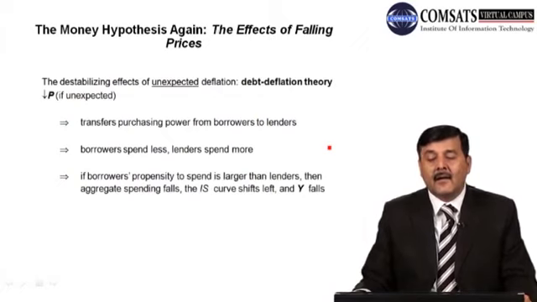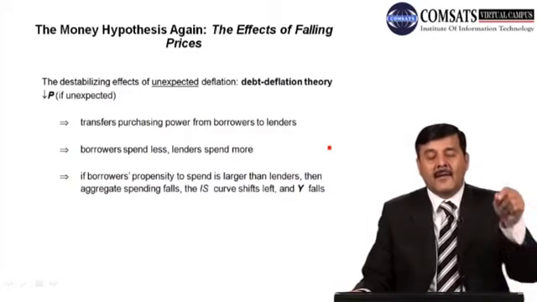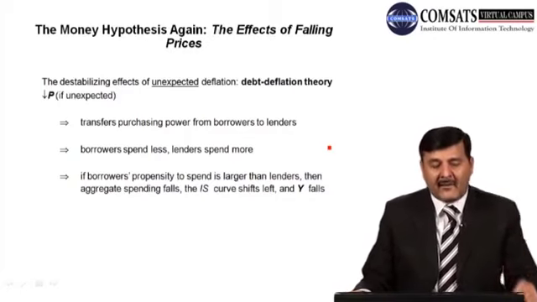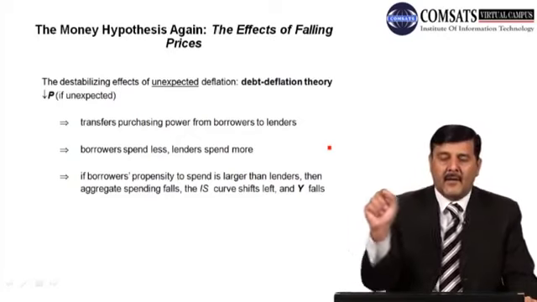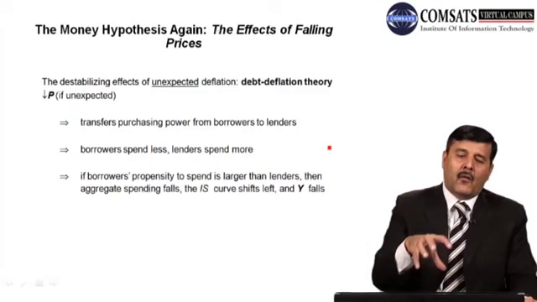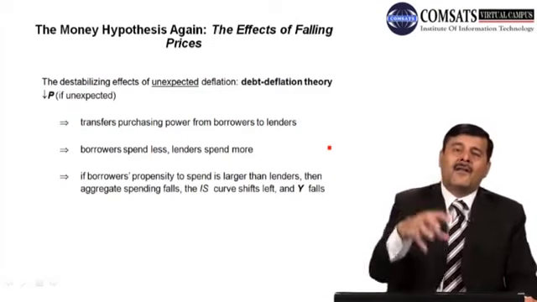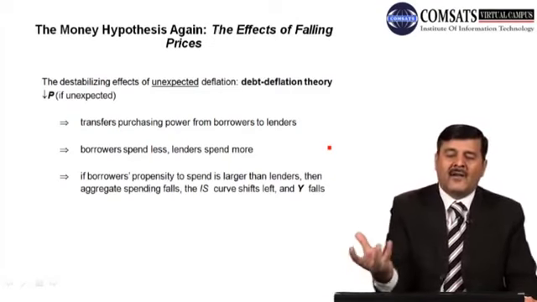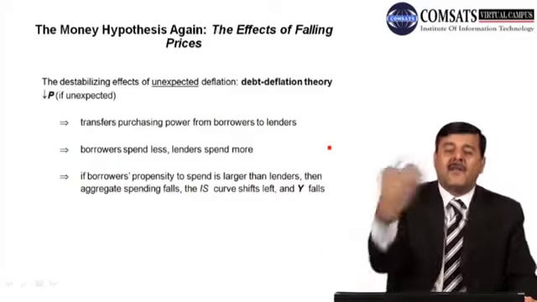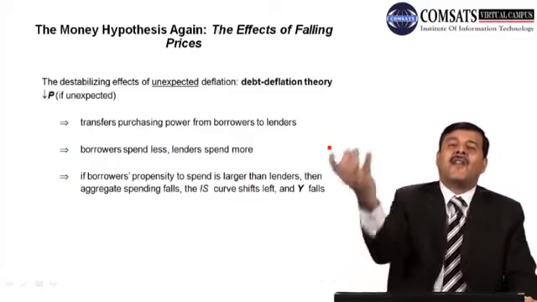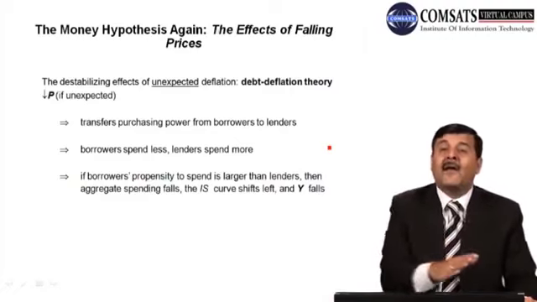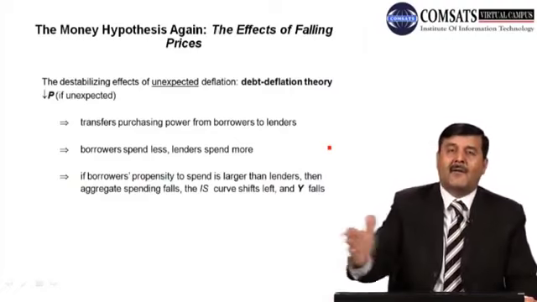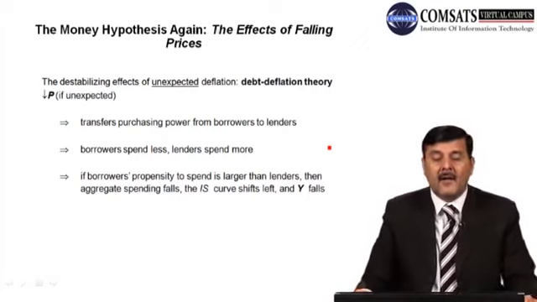The destabilizing effects of unexpected deflation. This is known as the debt deflation theory. A decrease in prices, if unexpected, transfers purchasing power from borrowers to lenders. If there is unexpected deflation, an unexpected fall in prices, this transfers purchasing power from borrowers to lenders.